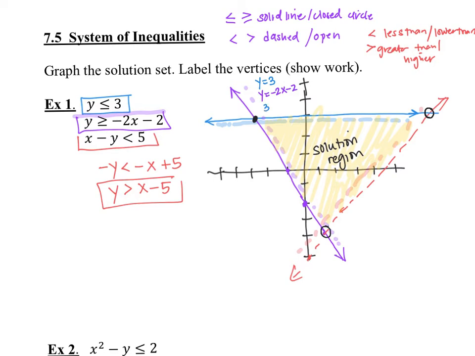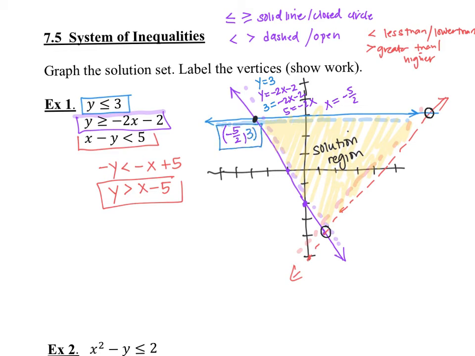So 3 equals negative 2x minus 2. I should have put this where I have more room. Oh well. 5 equals negative 2x, so x equals negative 5 halves, which seems realistic given my location. The y is 3 because the line is y equals 3. So that's my first vertex.